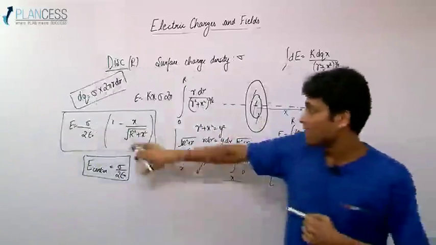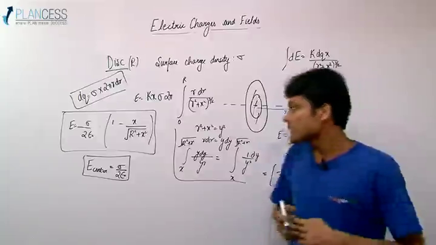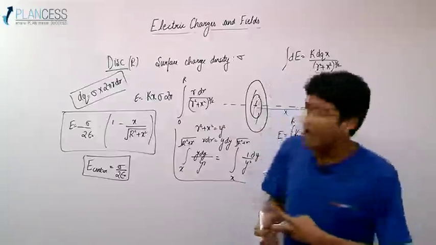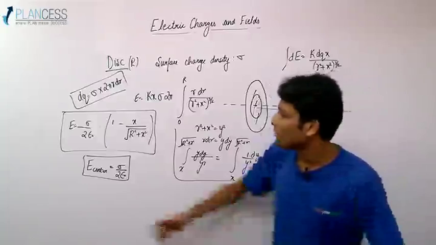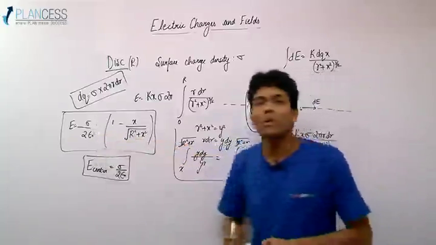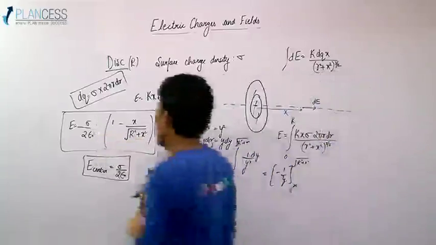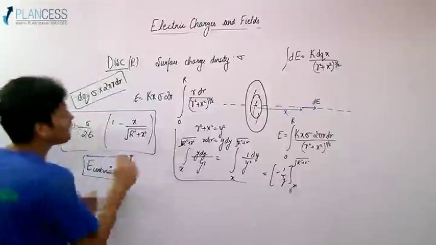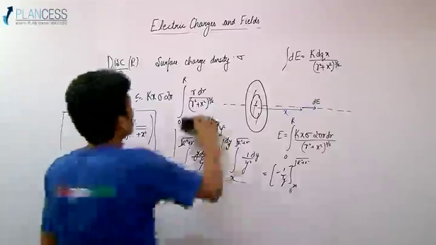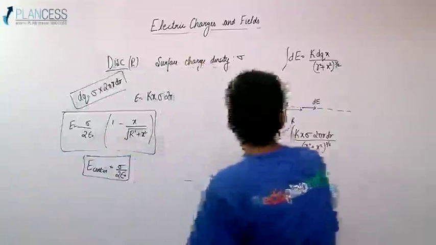But if x was, let's say, much greater than r, I'll get a formula that is sigma upon 2 epsilon naught. Let me remove the whole derivation part.